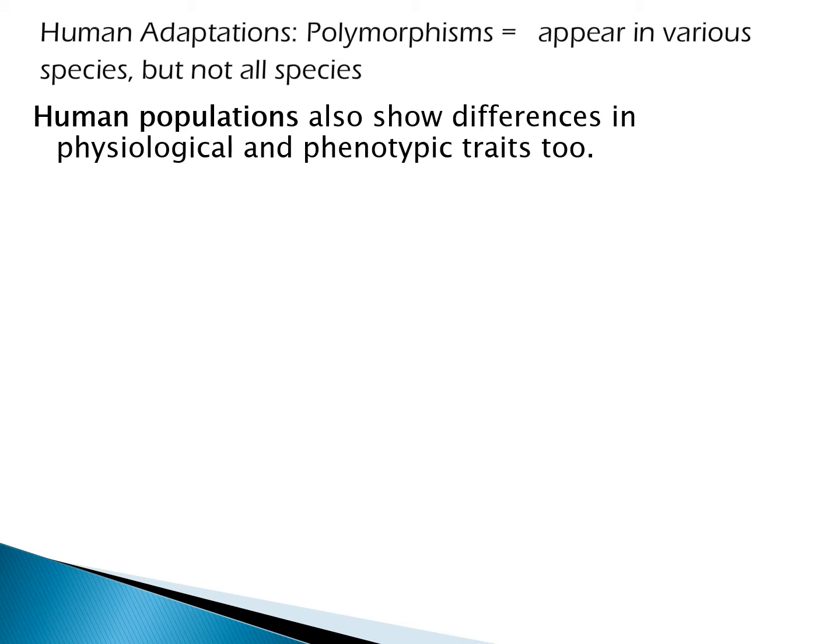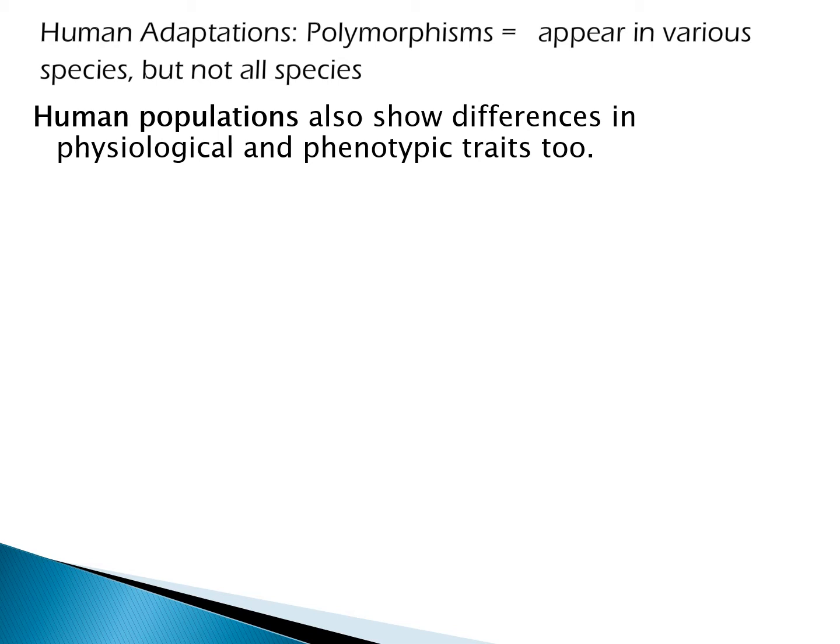Now, polymorphisms, poly means many, and morph just means sort of body types or phenotypes, and they do appear in various species all over the planet, but not all types of species are polymorphic. So we're going to see polymorphic species in those that are generalized, where they have moved to a lot of different environments and where the different characteristics of those natural environments have shaped them.